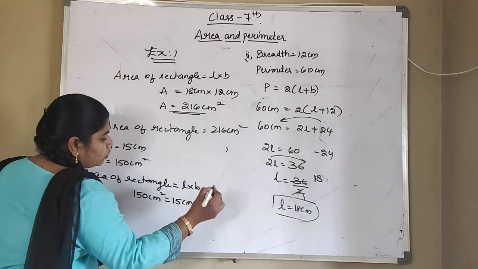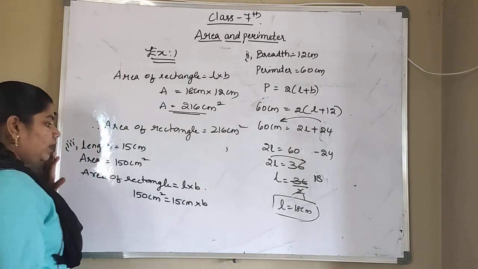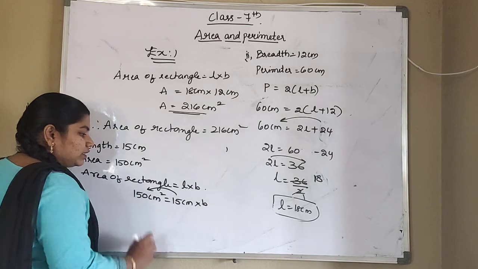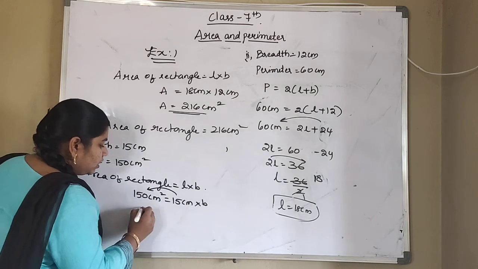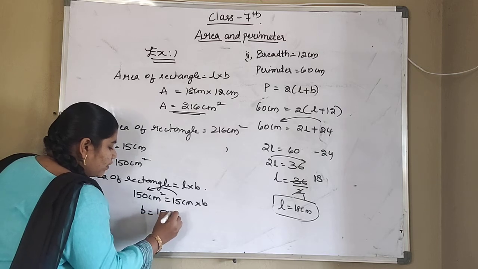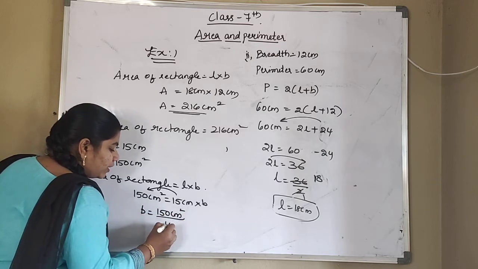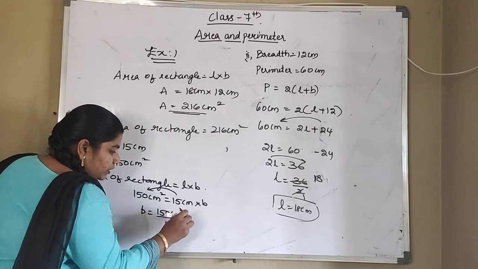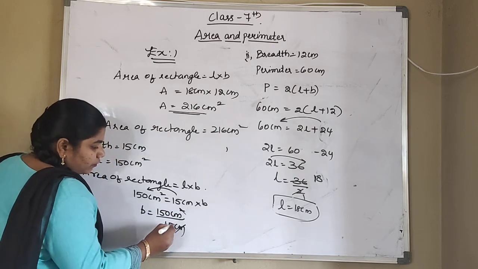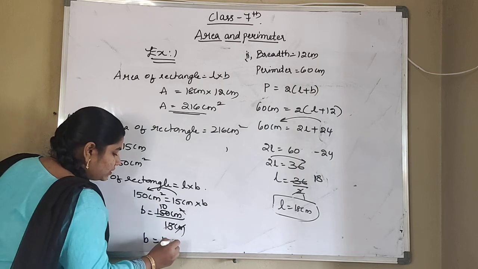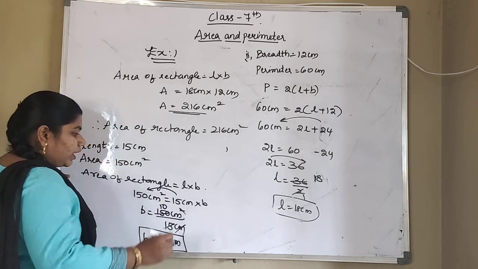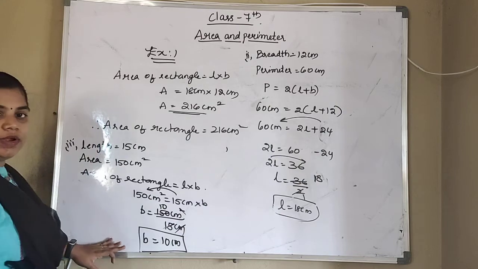Breadth value we don't know, so I am taking it as B. Now I am transposing this 15 to the other side. So that will be in the form of division because here it is multiplication. So B is equal to 150 centimeter square by 15 centimeters. Centimeter will get cancelled. 15 ones are 15, 15 tens are 150. So what is the B value? 10 centimeters. Okay, now we got the length value and breadth value.